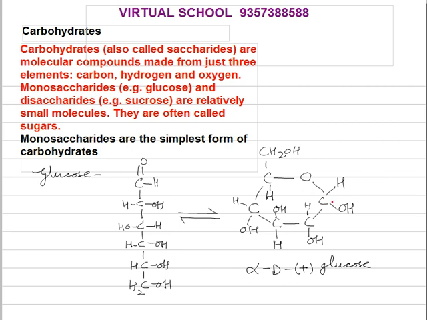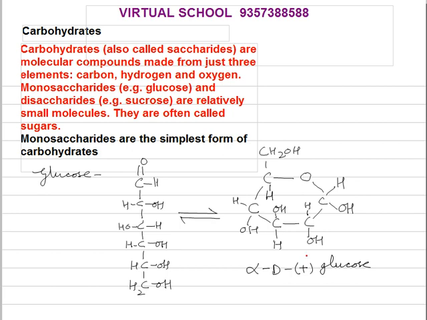In this case, this is carbon number 1, 2, 3, 4, 5, and this is the sixth one here. So this 1 and this 5 are joined together with the help of this oxygen atom, and this is called alpha D glucose.